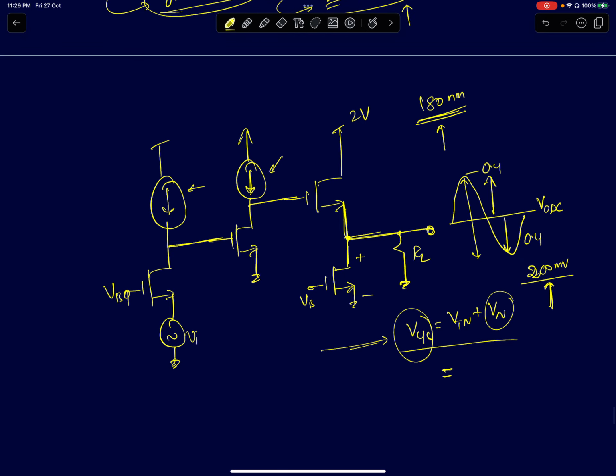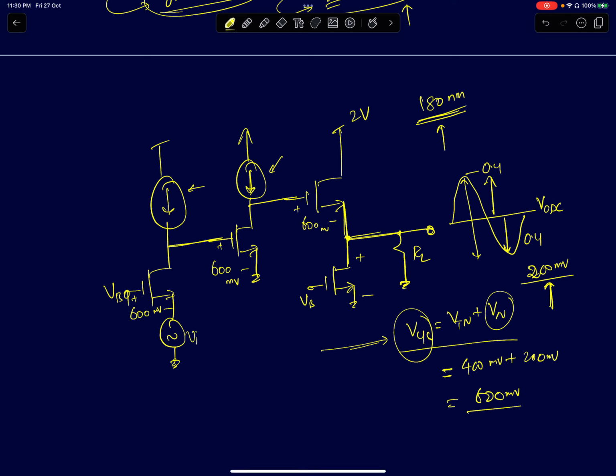It may be a little off, but I'm going to take it as 400 millivolts. So 400 millivolts plus 200 millivolts is 600 millivolts. This is what I'm going to design for all my transistors. All my transistors will have 600 millivolts of VGS.